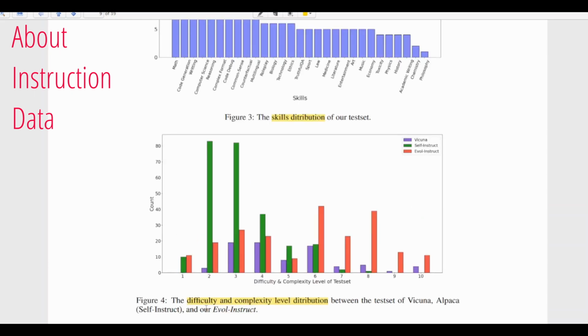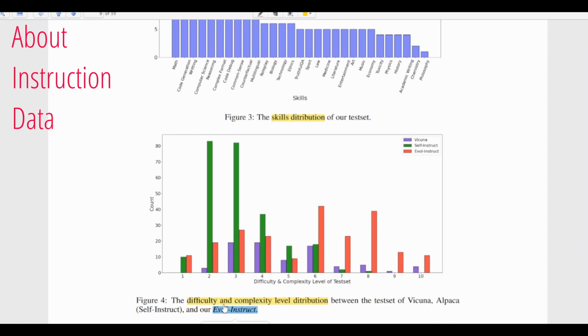Next, we look at figure 4, where the difficulty and complexity level distribution in the dataset is compared for Vicuña, Alpaca, and the new Evol-Instruct datasets.